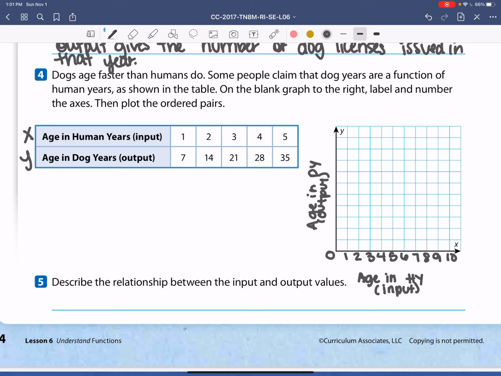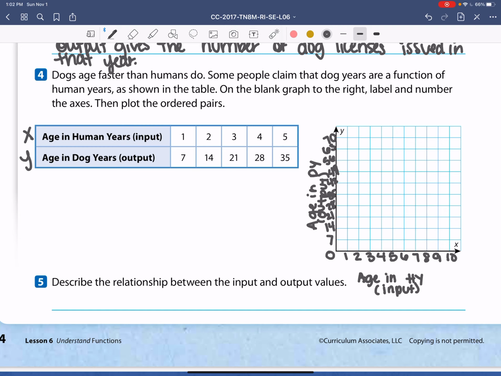I'm seeing this is going by sevens, so I'm just going to make mine go by sevens as well, because that's just what I'm seeing with my data. That was a 35. We'll stop at 70.